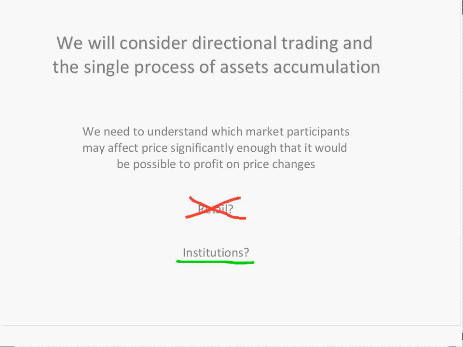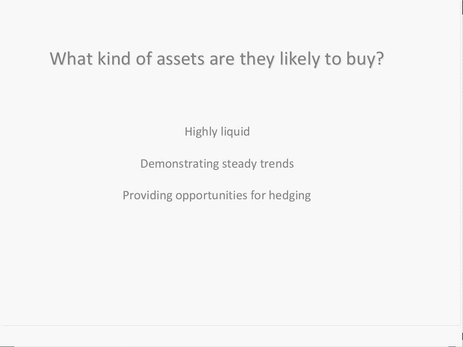So of course, the ones that actually drive prices during assets accumulation are institutions. These are institutions that are likely to buy regardless of the price in huge volumes.